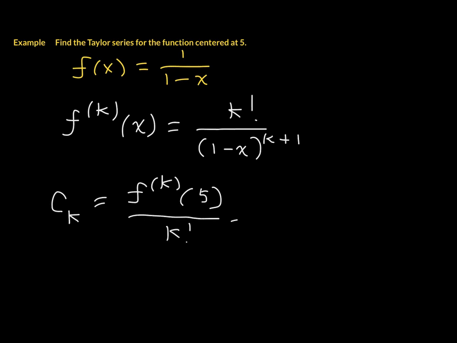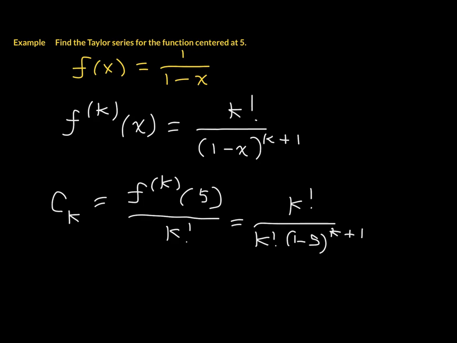All of these coefficients turned out to be k factorial over k factorial times 1 minus 5 to the power of k plus 1. Basically, all we did here was evaluate the kth derivative at 5, plugging 5 in for x. So it's k factorial over 1 minus 5 to the power of k plus 1.